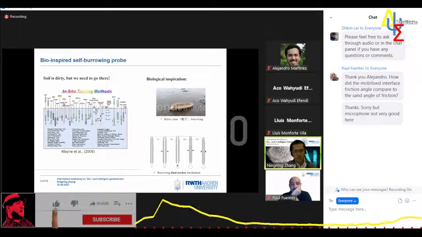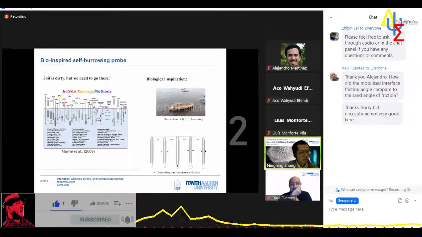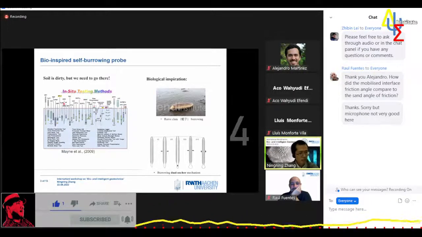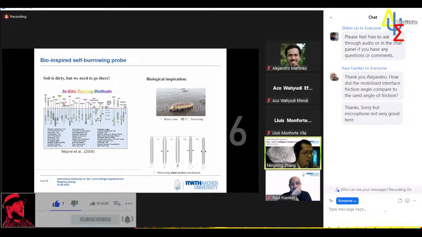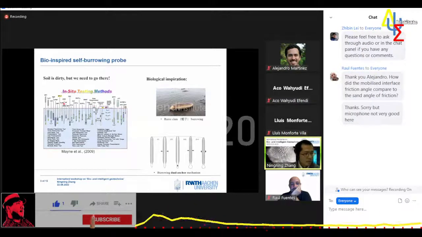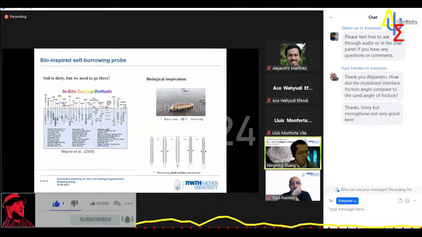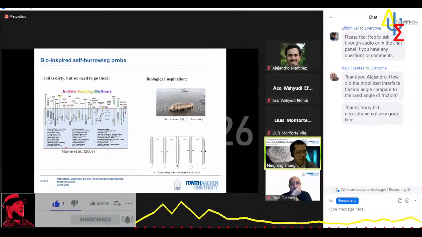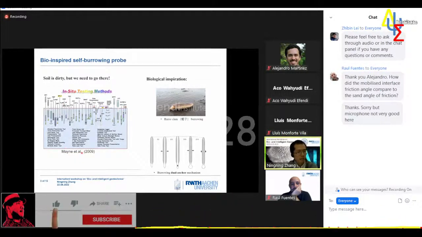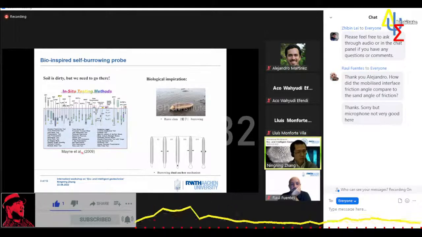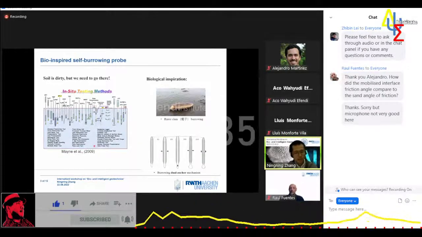There are already quite many in-situ testing methods that have been invented and applied, such as CPT, SPT, and many others, as summarized here by Mayne et al. in 2009. And the journey of going into the ground doesn't stop, and it continues.